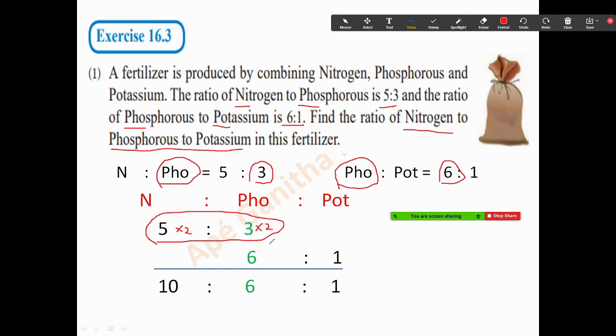Here also 6 is common, so write the LCM here, 6, and here 1. Then the combined ratio of nitrogen to phosphorus to potassium is 10 to 6 to 1.